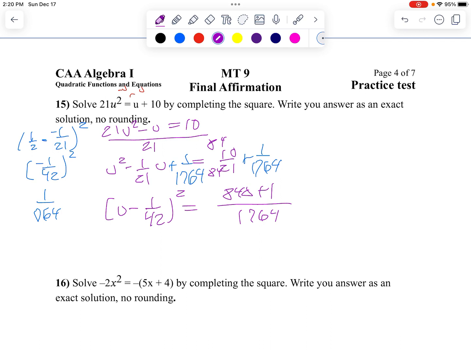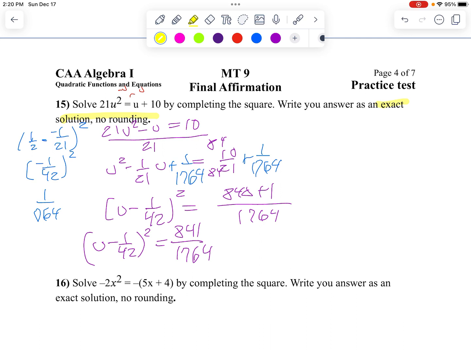Or I'll say u minus 1 over 42 squared equals 841 over 1764. One thing I want to emphasize here is I want exact answers, no rounding. So I don't want you to write these as a decimal.